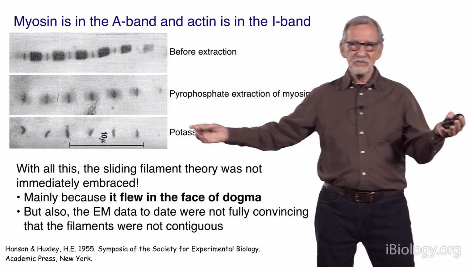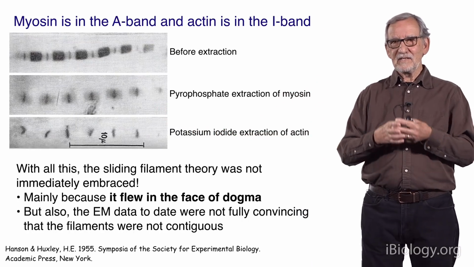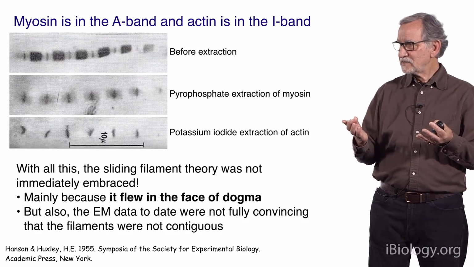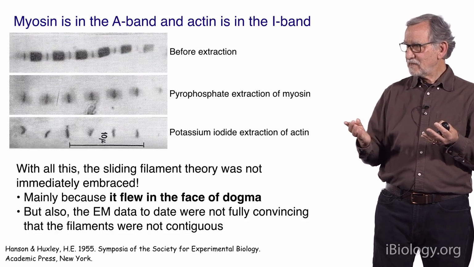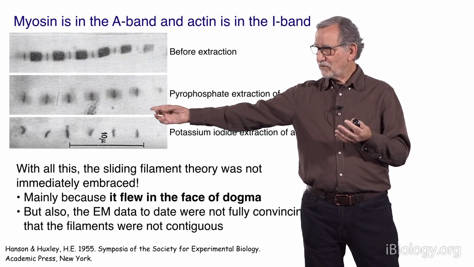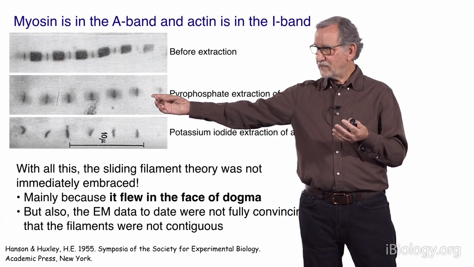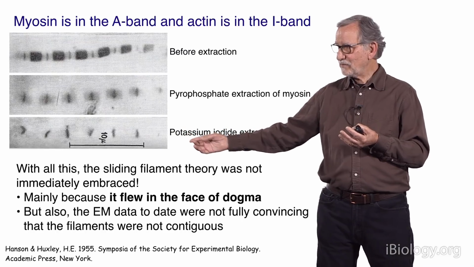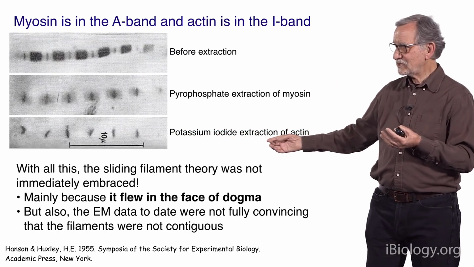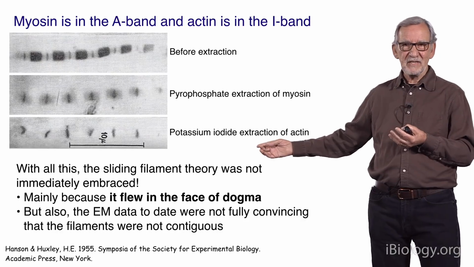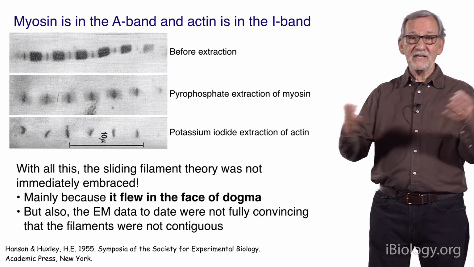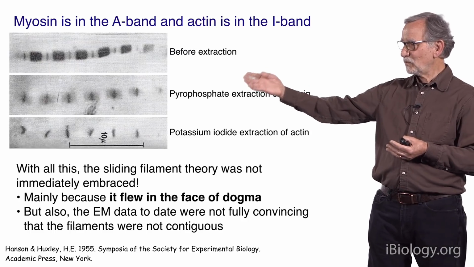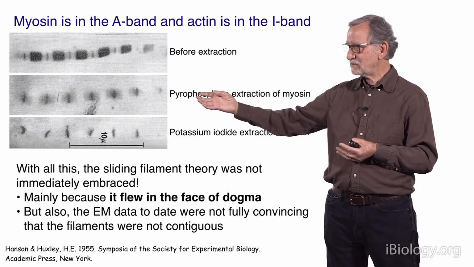And when they look in solution, they find that the myosin has been solubilized. So the A band is myosin, but you can still see the gray background of the I bands. And if you treat now what's remaining with potassium iodide, you extract what the I band is made up of, and you look in solution, and in fact, you find the actin. So it was clear which protein was where.